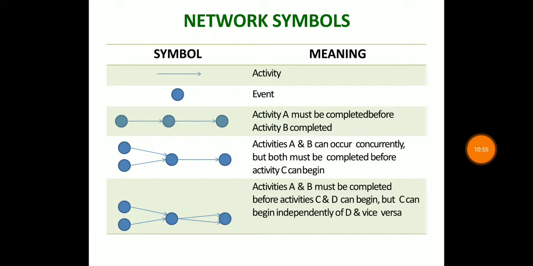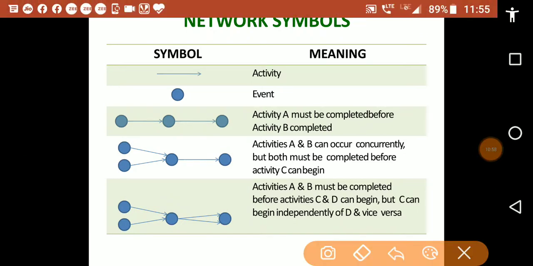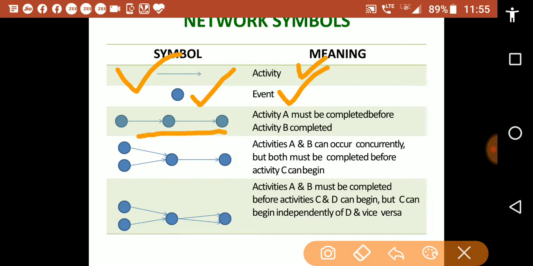So students, these are the symbols and these are the meanings. This arrow symbol represents an activity. This symbol represents an event. This symbol represents that activity A must be completed before activity B. This symbol represents that activities A and B occur concurrently, but both must be completed before activity C can begin.